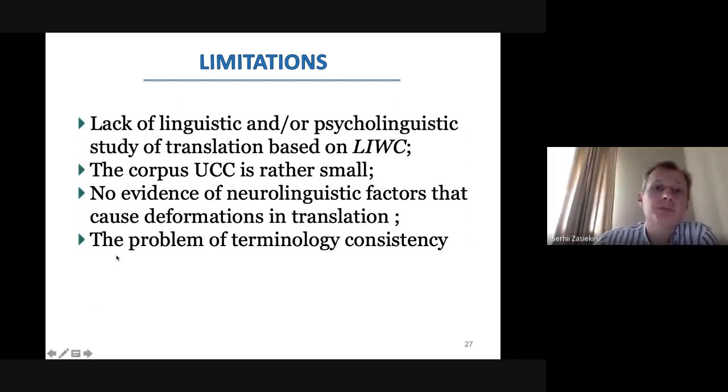The Ukrainian comparable corpus is rather small. I think you will agree that 4 million tokens is not so big, right? There is no evidence of neurolinguistic factors that cause deformations in translation, and there is the problem of terminology consistency, because some people call those items deforming tendencies, others call them translation universals, then laws, or regularities.